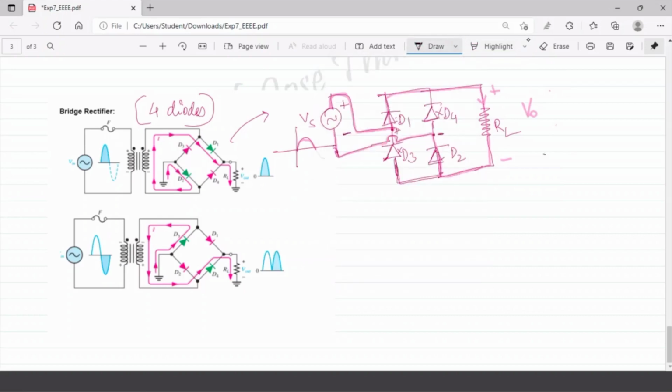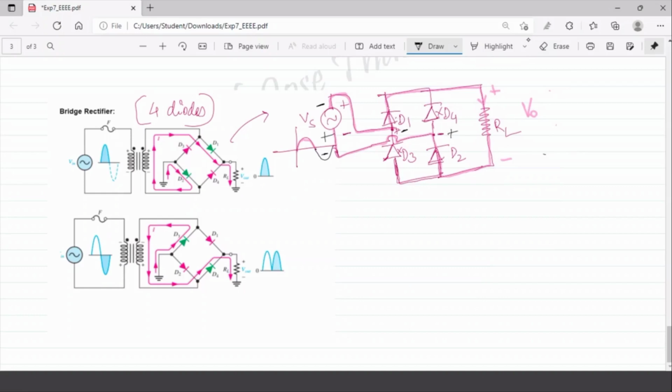What about the other half, the negative half? So in the negative half, let us see what will happen. In this negative half, this is negative and this is positive. Rightly? This negative is connected here and positive to this is connected here. What will happen?